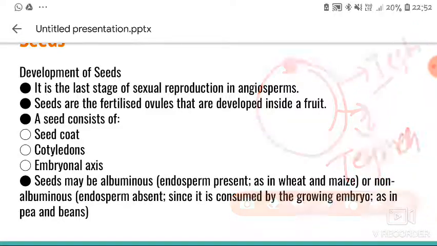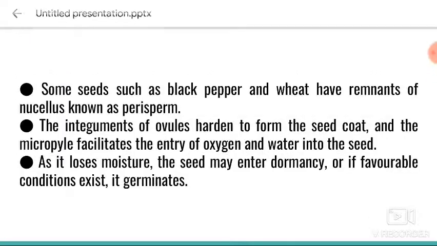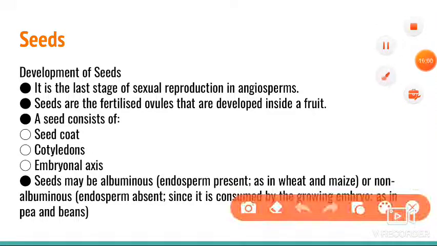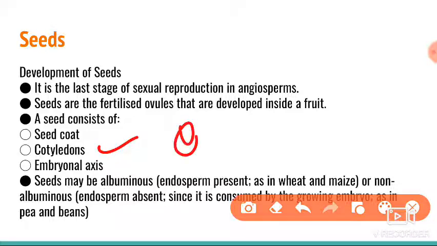And if you see the structure of cotyledons, there is mainly either two cotyledons or a single cotyledon. If they contain two cotyledons, we call them dicotyledonous plants. If they contain only one cotyledon, they are called monocotyledons.